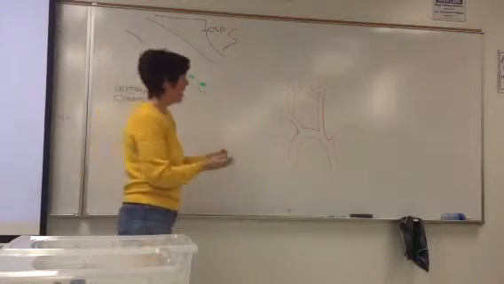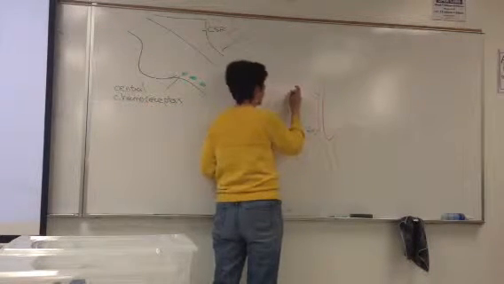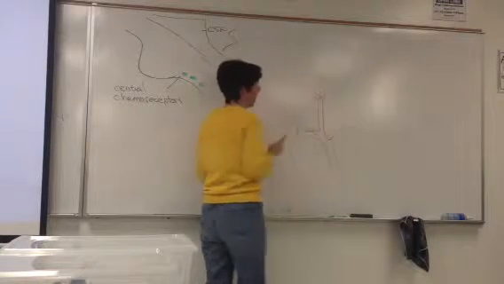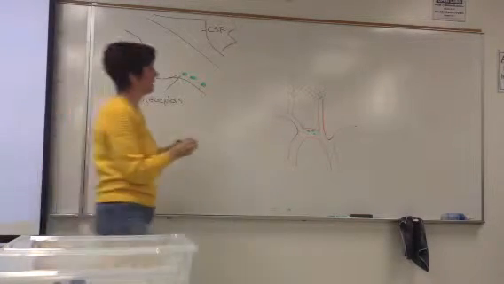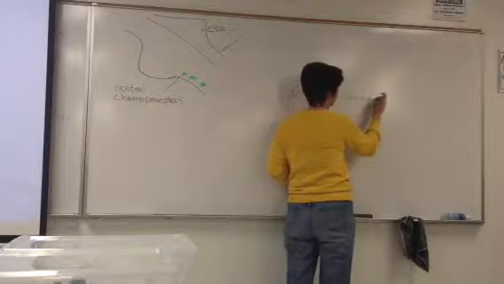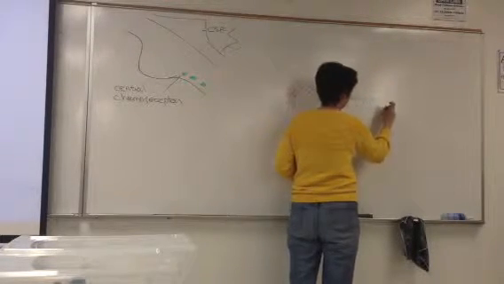In the aortic arch, we have chemoreceptors, and in the area where the carotid arteries branch, we have chemoreceptors. And so these are the central chemoreceptors. And these are the peripheral chemoreceptors.